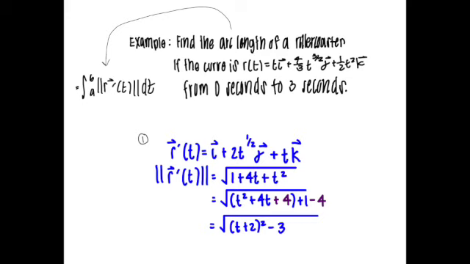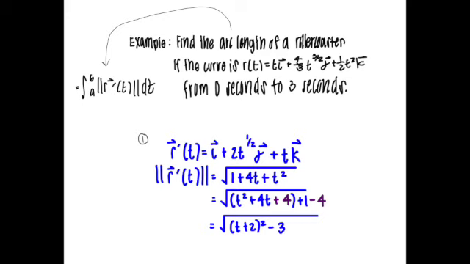So the first step we have to do in order to find the arc length would be to remember the formula. So as previously mentioned in the first slide, the arc length can also be found using the integral from a to b of the magnitude of r prime of t with respect to t.